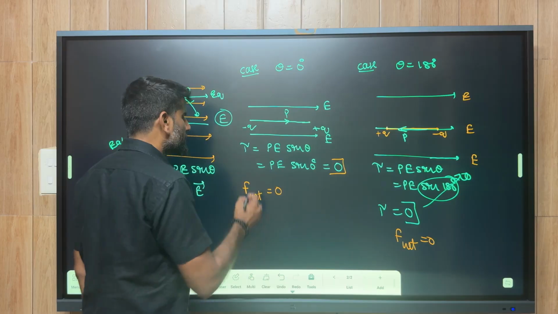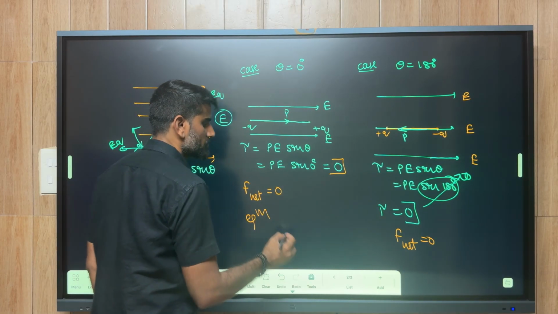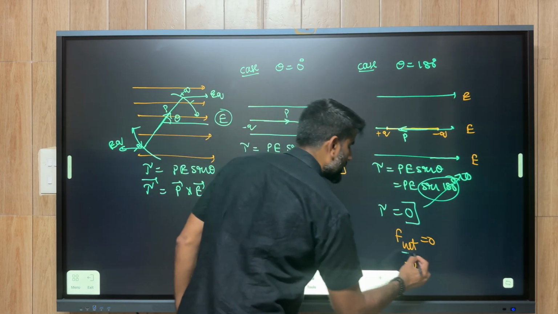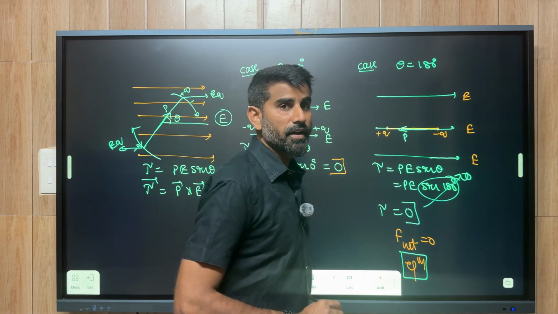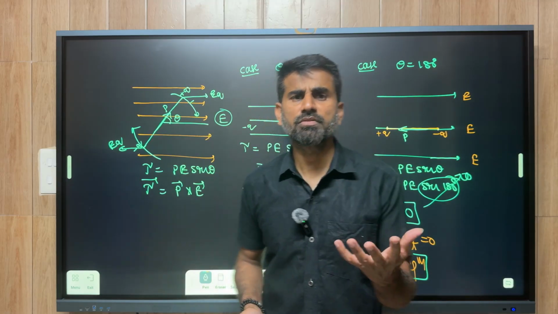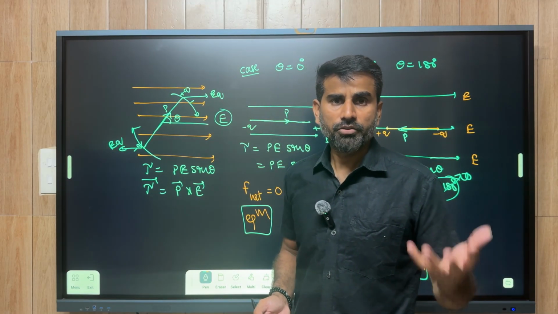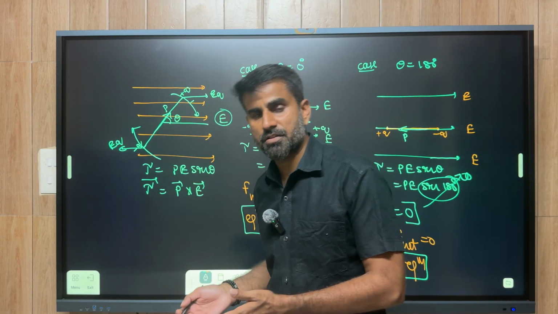That means, can we consider this situation as an equilibrium situation? Am I making sense or not? These two states can be considered as equilibrium states of the dipole, right? Because the net force acting on the system is 0, and the net torque acting on the system is also 0. There is no possibility for rotation, there is no possibility for translational motion.